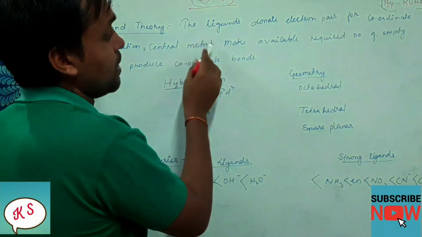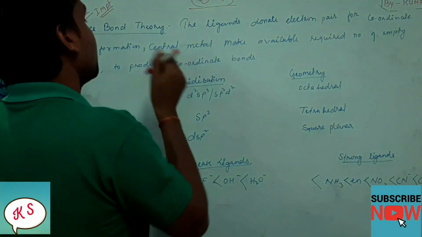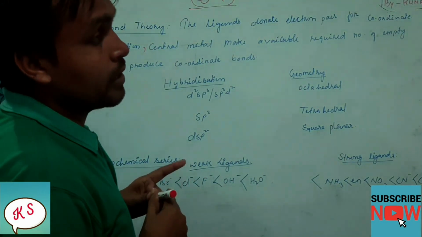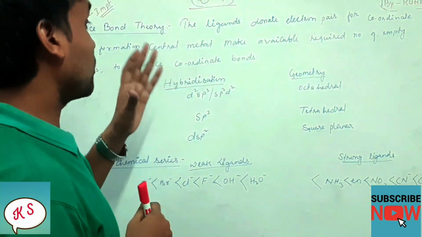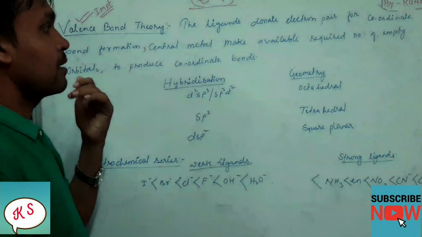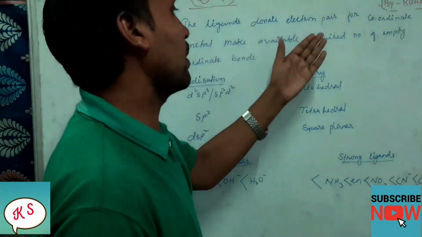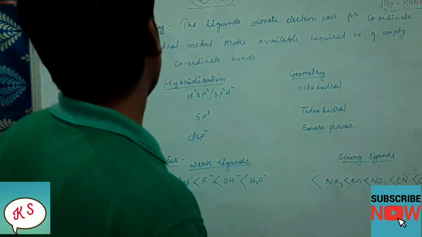To whom? To the central metal atoms. And the central metal atoms make available the required number of empty orbitals.